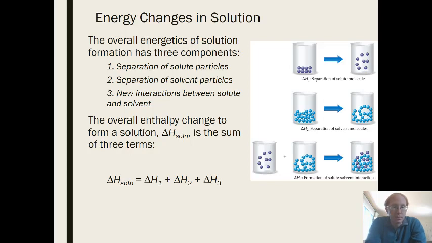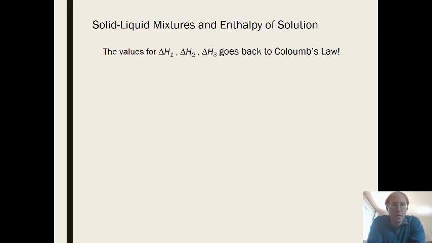So for parts 1 and 2, delta H1 and delta H2, we're talking about the separation or disrupting of IMFs. Those are always going to be positive values because energy always needs to be put in to make that happen. Delta H3, the formation of new solute-solvent IMFs, is always going to be a negative value. And it's a combination of these three values that will determine the delta H of the solution, whether that value is positive or negative.